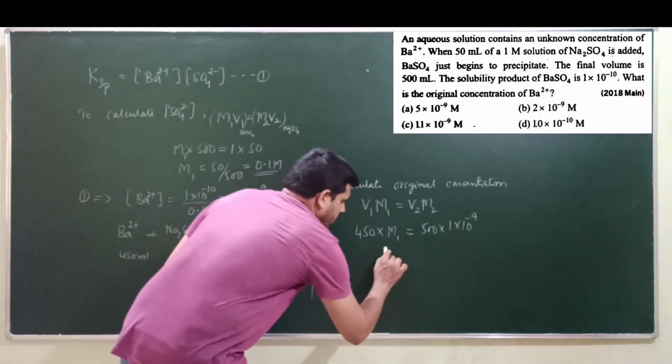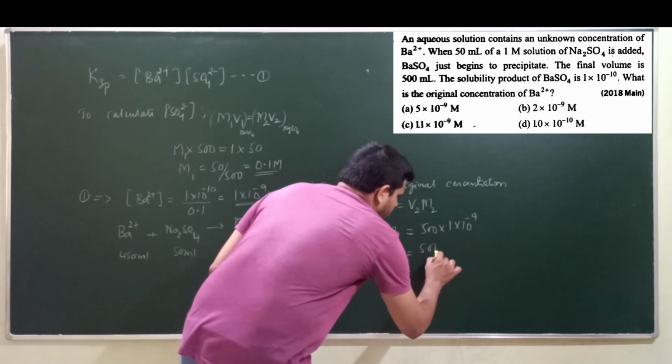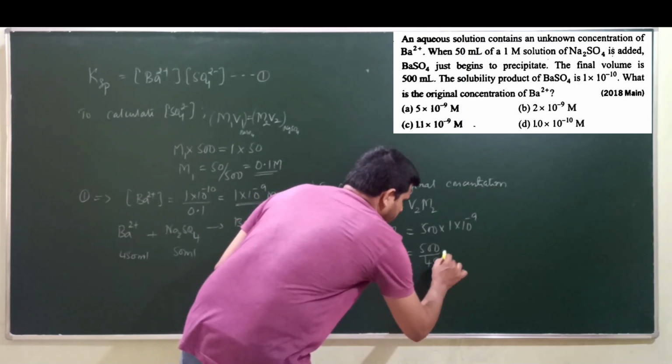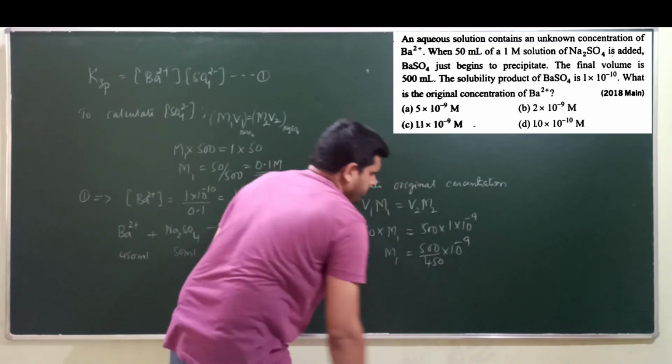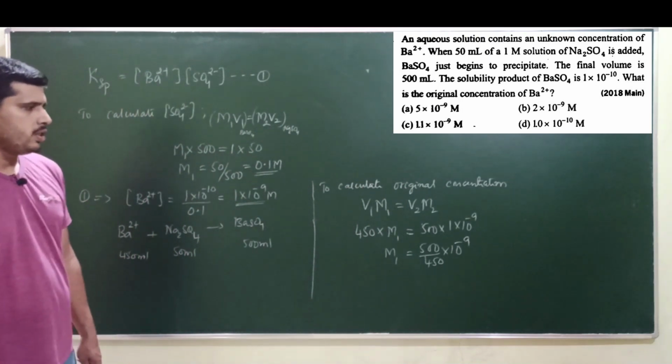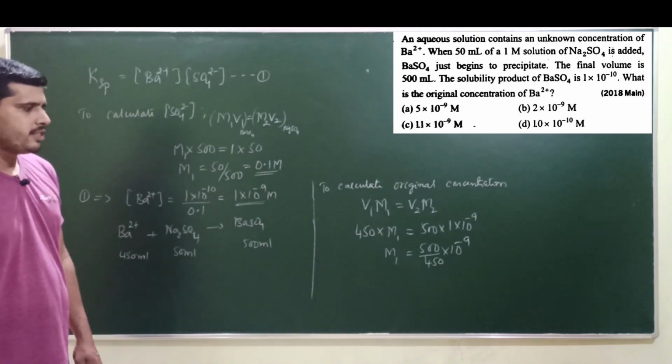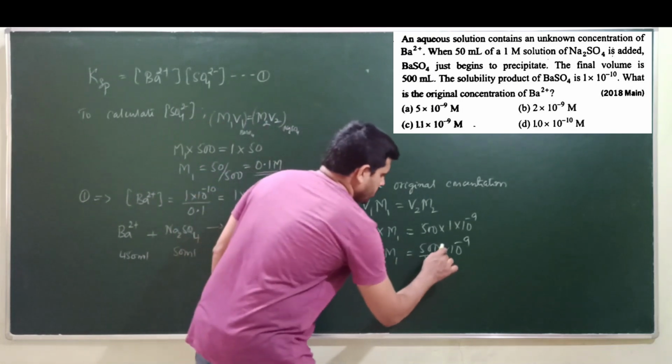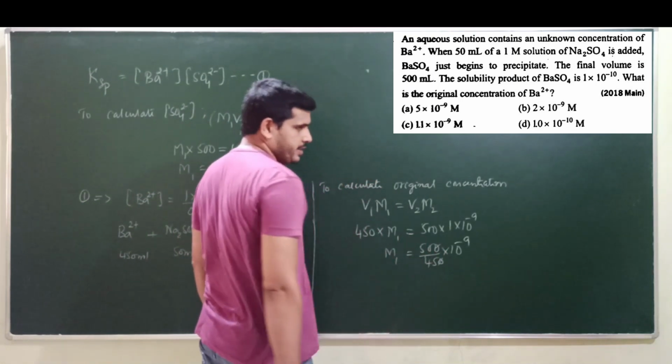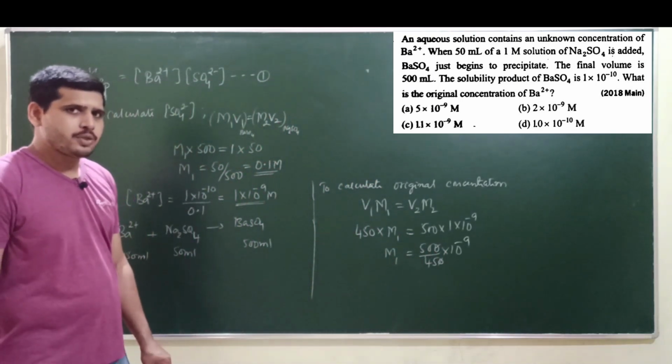So what is M1? M1 equals 500 divided by 450 into 10 to the power of minus 9. How much is it? 50 by 45, the zero cancels. 5 nines are 45, so it is 10 by 9, which is 1.1.